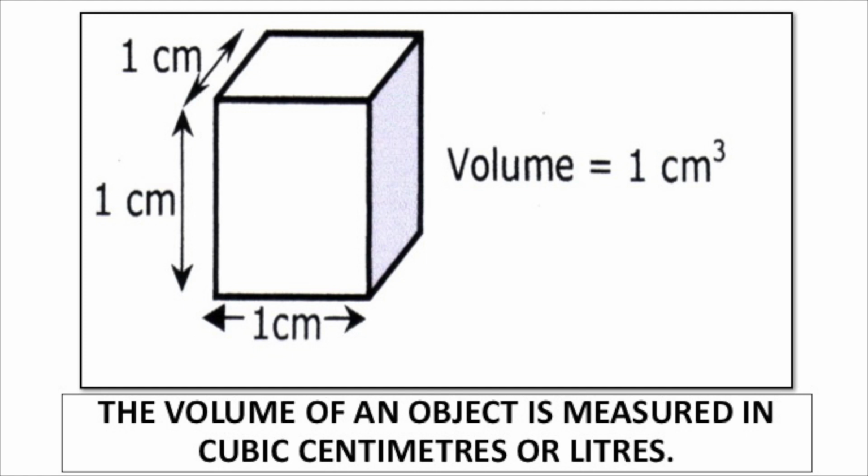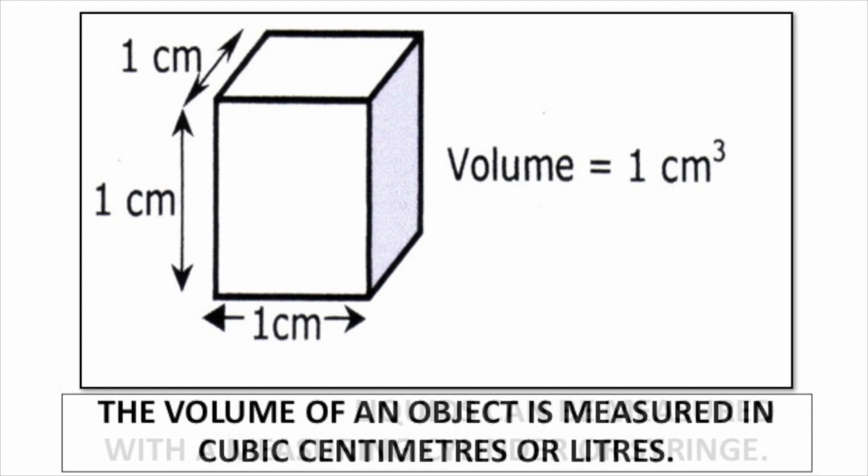The volume of an object is measured in cubic centimeters or liters for liquids. Because the volume relates to what's inside, we have to use 3 dimensions. So that means cubic centimeters.